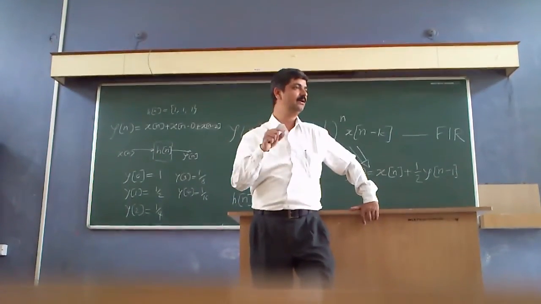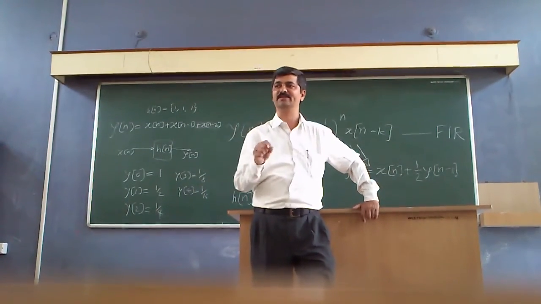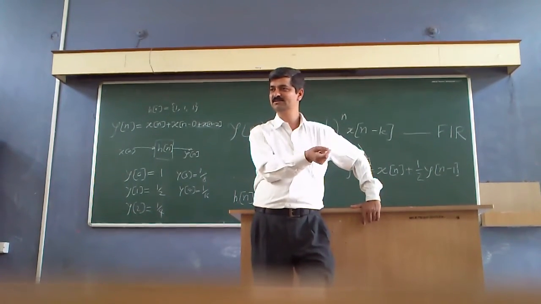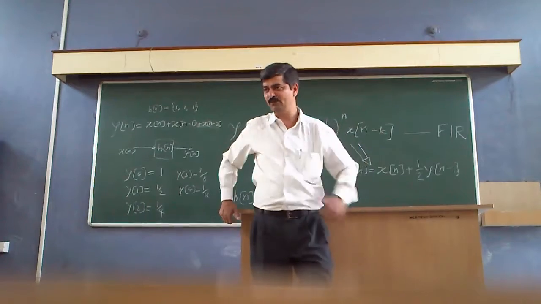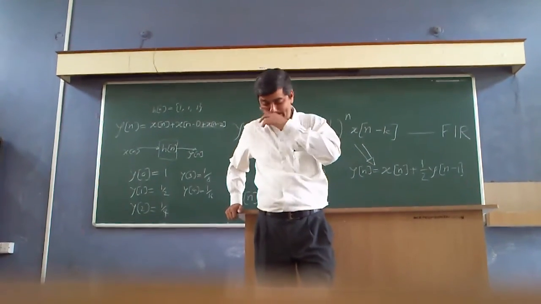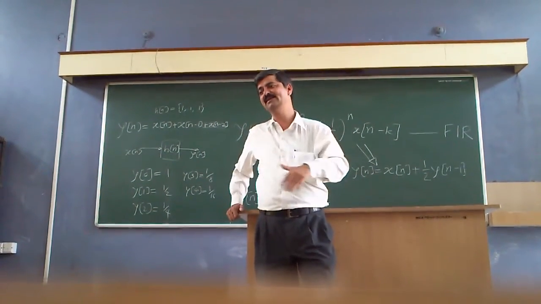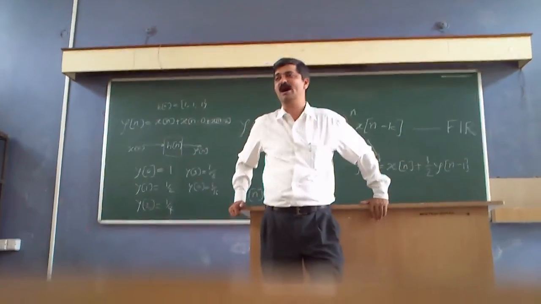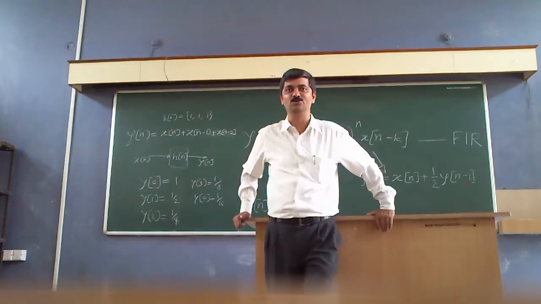So output would be half each time. X0 is 1, y0 is 1. Y1 is half. Y2 is 1/4. When an impulse is applied, the transfer function is the output. So y n is equal to half raised to n.